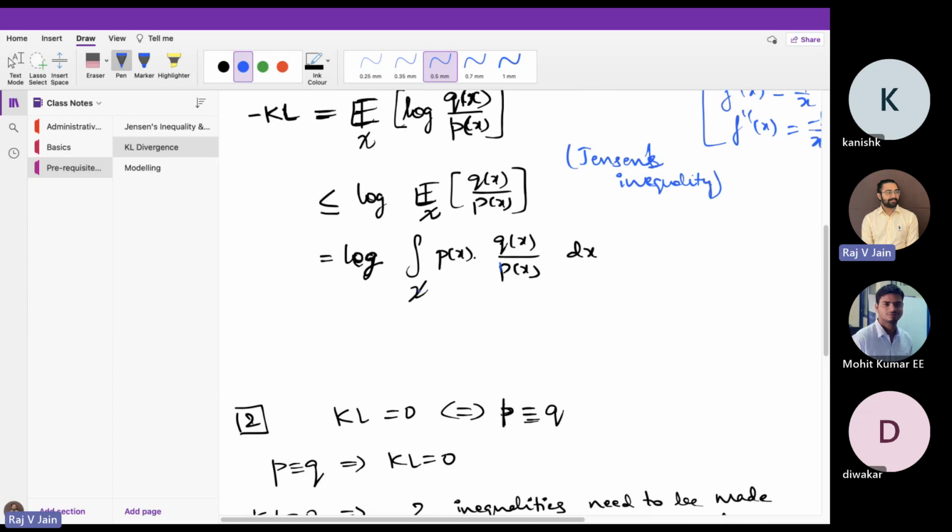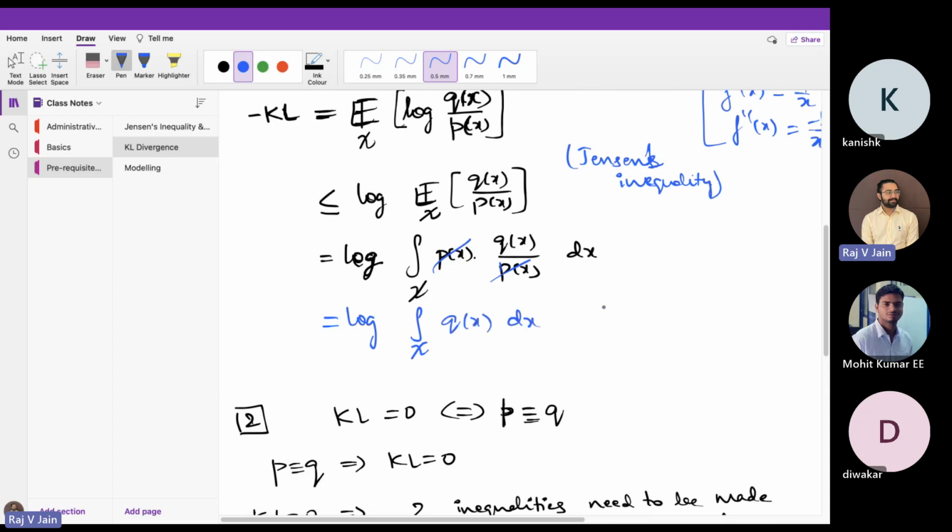So by the definition of this integral, the way we defined the expectation, this quantity will never be 0. Therefore this is a valid operation. P of x will never be 0 in this particular space that we're looking at. So this now becomes log of the integral over x of Q of x dx.